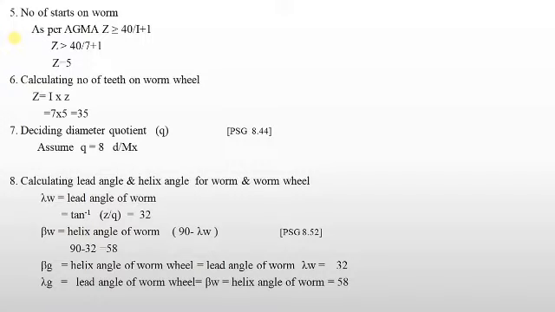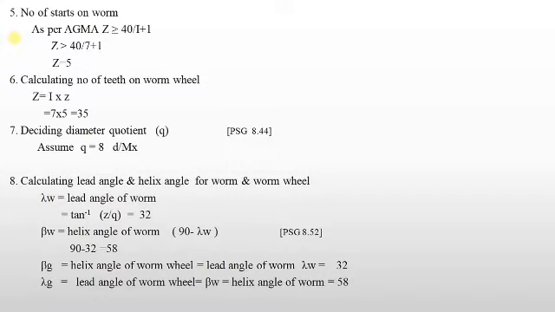Now lambda W is equal to lead angle of worm, that is selected from PSG 8.44, and lead angle is tan inverse Z by Q. Lead angle of worm is equal to 32 degree and helix angle of worm, denoted by beta W, is 90 minus lambda W, that is beta W is equal to 58 from PSG 8.52.